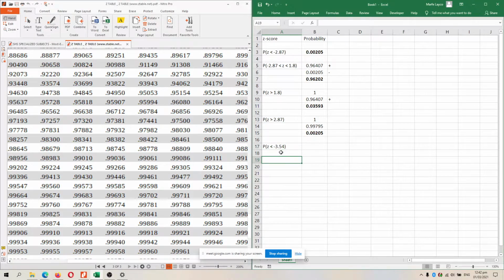Tapos, maglalagay din tayo ng P of negative 3.54 less than Z less than 3.54. Tapos yung susunod is P of Z greater than negative 3.54.